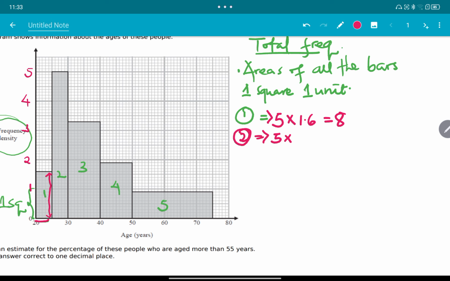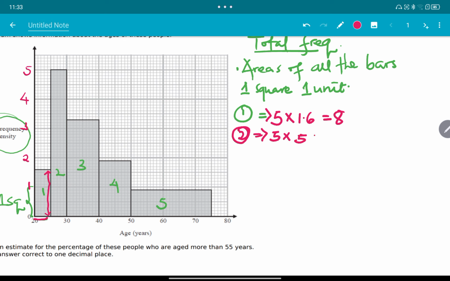So it will be 5 times 5, which is 25. We move on to the third one. The third one has a class interval of 10 times the height, which is 3.3. So 3.3 times 10 gives me 33.